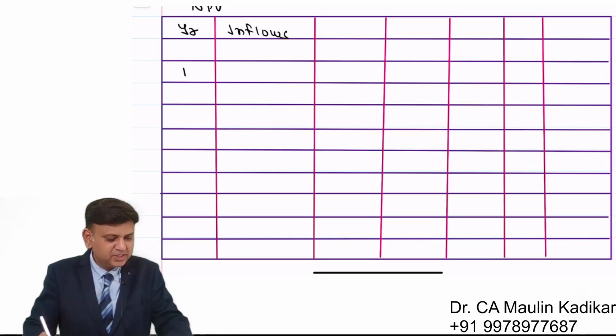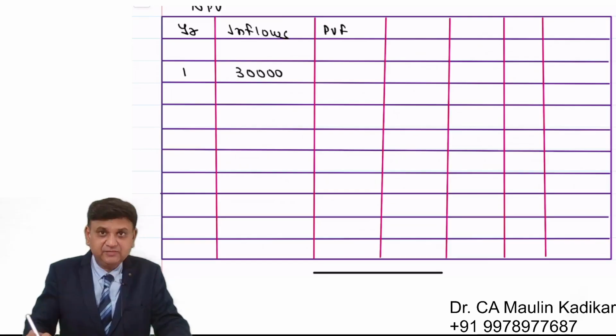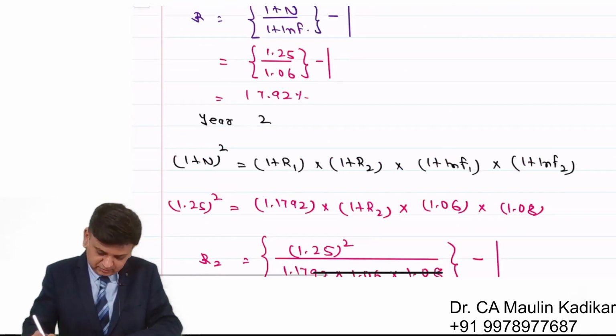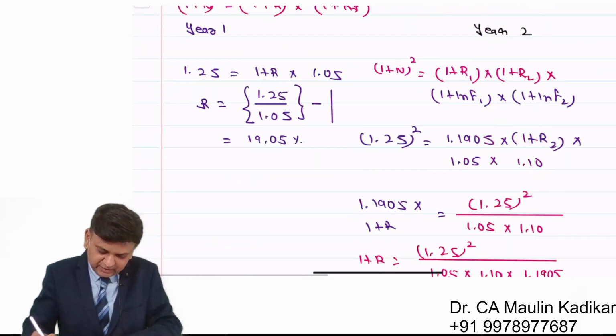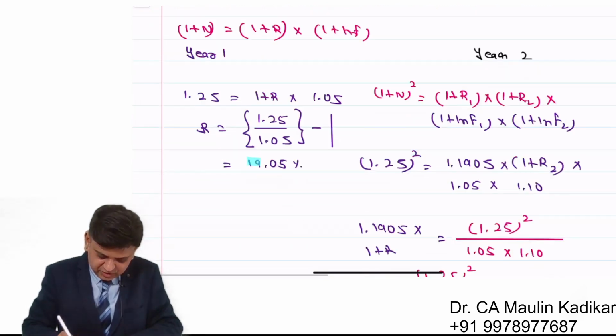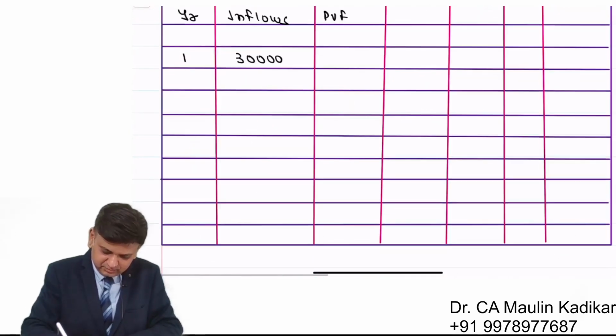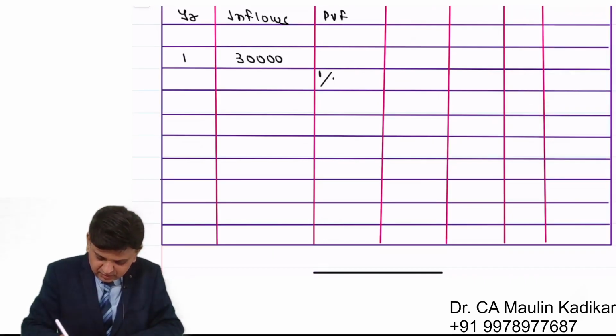As far as the inflow is concerned, it is 30,000. Present value factor. For year 1, present value factor is 19.05%, 1 divided by 1.1905.